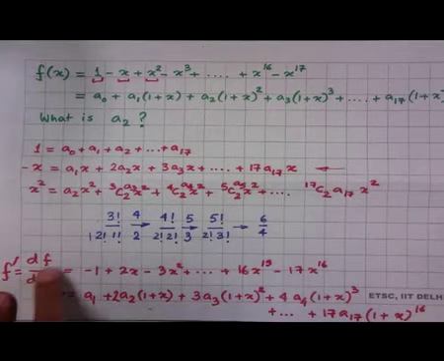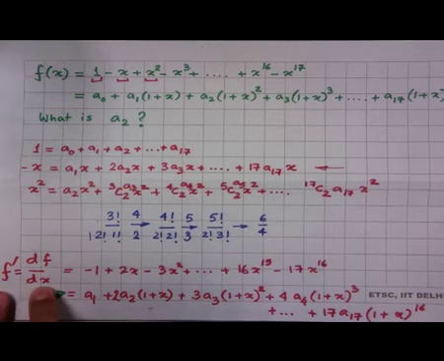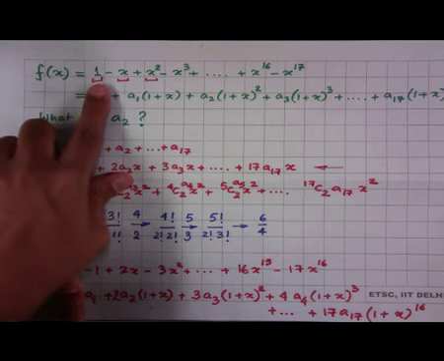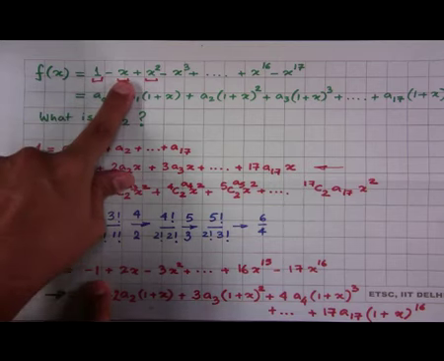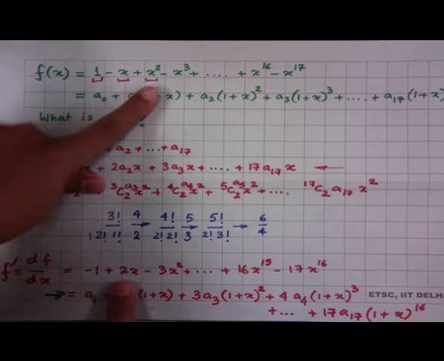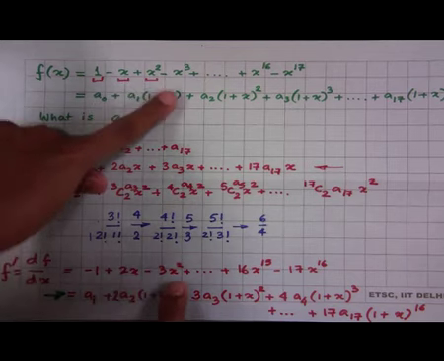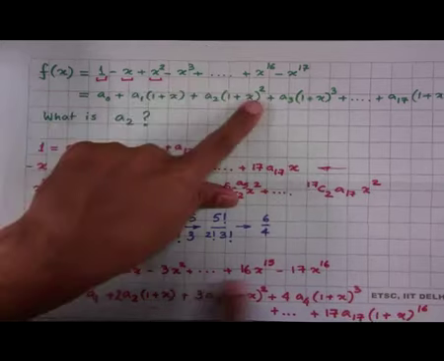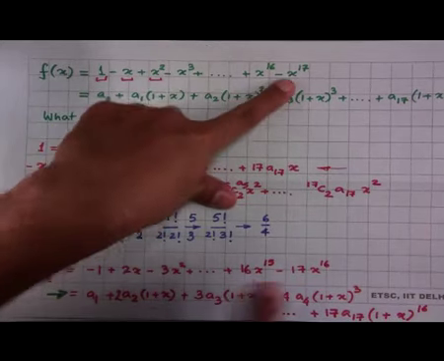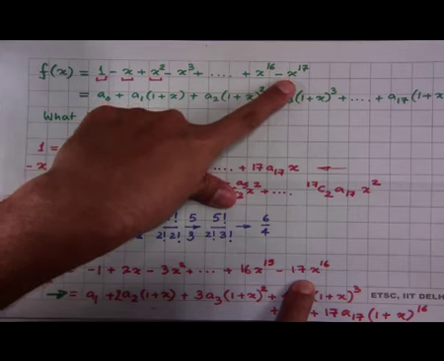f prime, which is df by dx, is nothing but, the derivative of 1 is 0, minus 1 plus 2x minus 3x squared all the way to 16 times x power 15 minus 17 times x power 16.